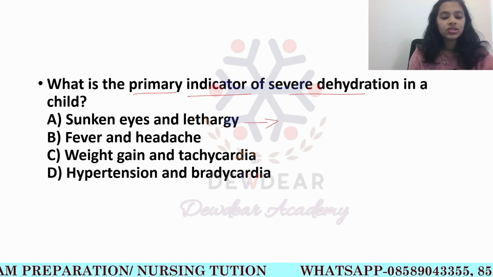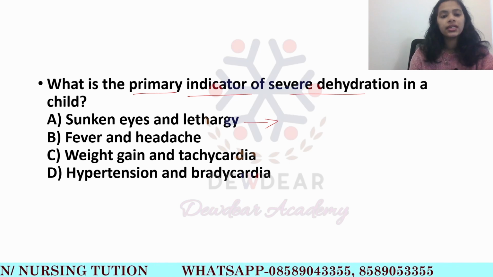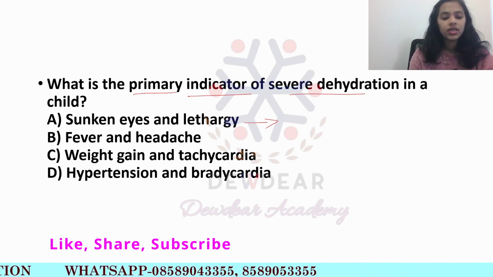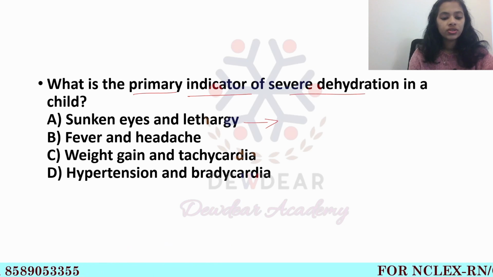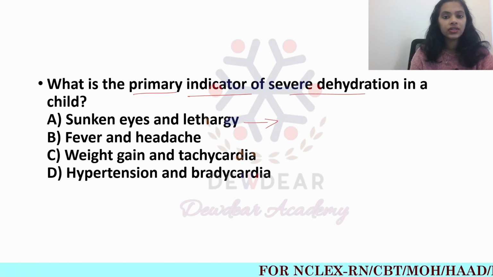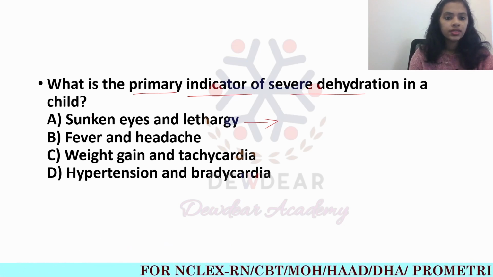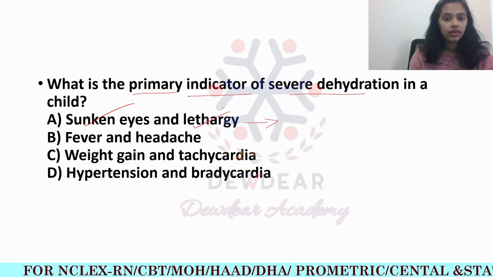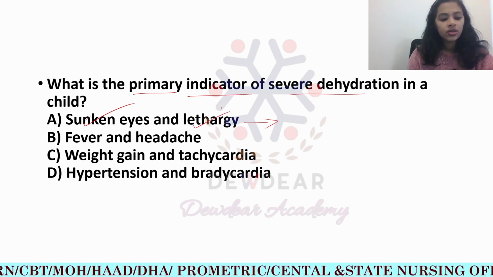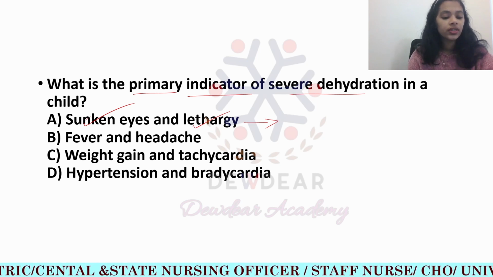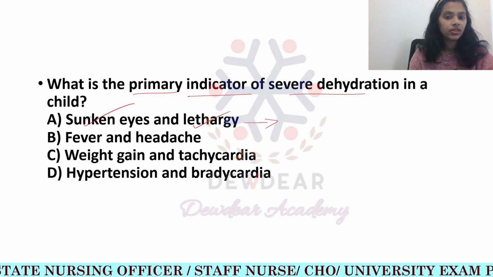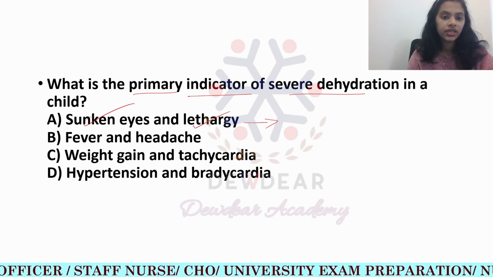That may lead to weakness and decreased activity. These are commonly used clinical indicators for assessing dehydration in children. Early recognition and rehydration are very important to prevent complications. So these are the primary indicators.